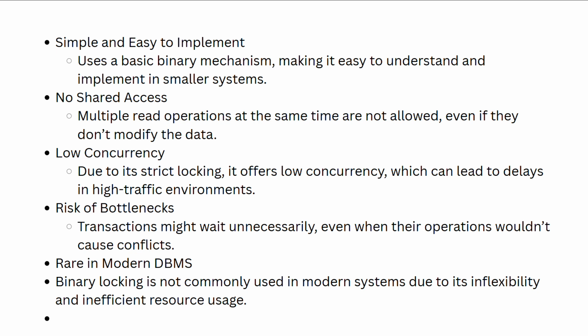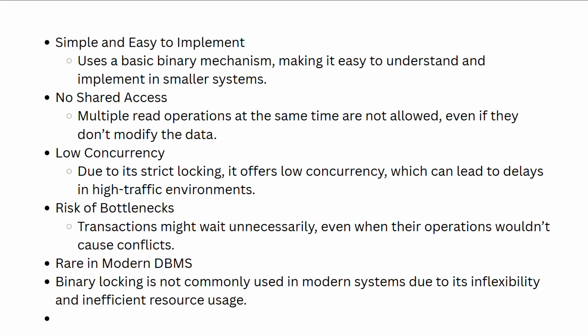Due to its strict locking, it offers low concurrency, which can lead to delays in a high traffic environment. And the next point is risk of bottlenecks. Transactions might wait unnecessarily, even when their operations wouldn't cause conflicts. And the last point is rare in modern DBMS. Binary locking is not commonly used in modern systems due to its inflexibility and inefficient resource usage.